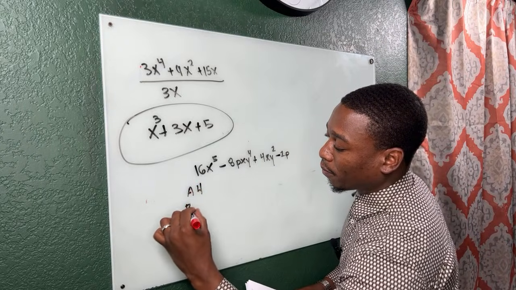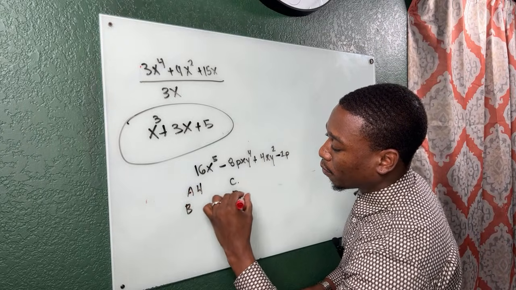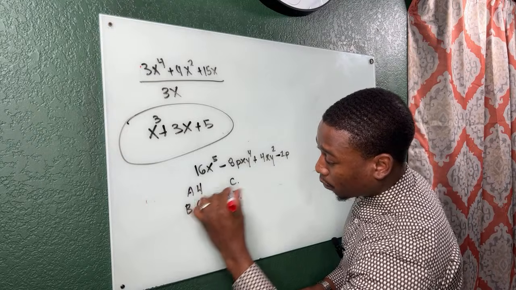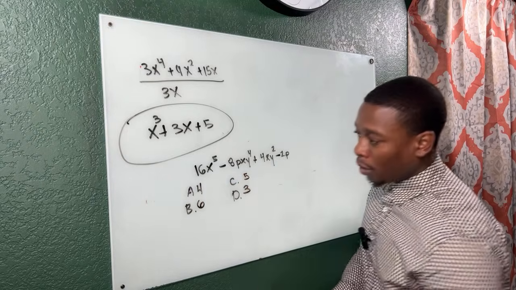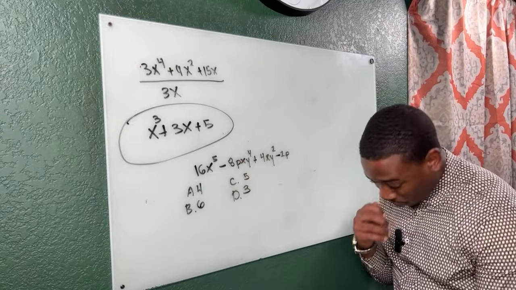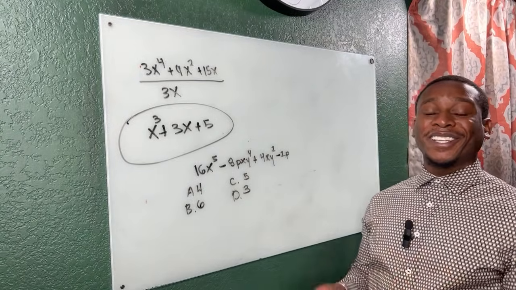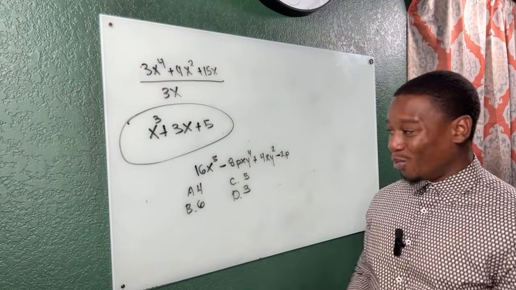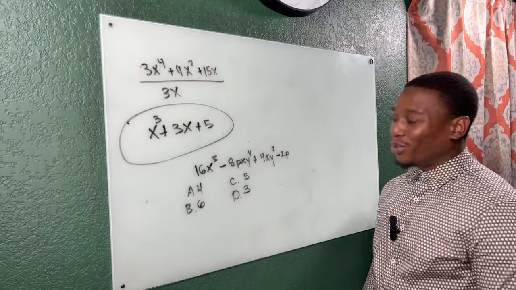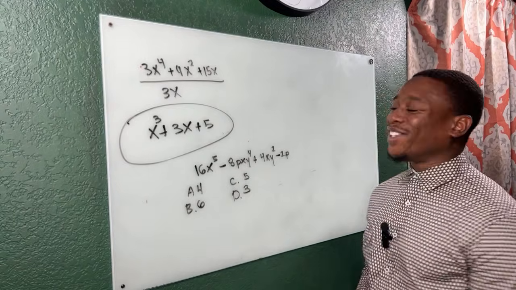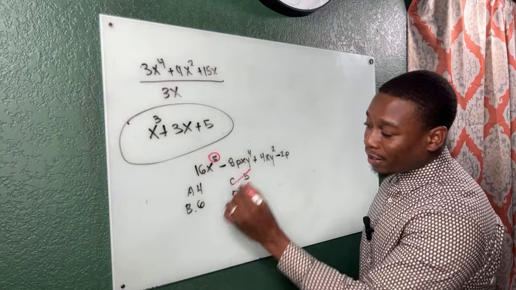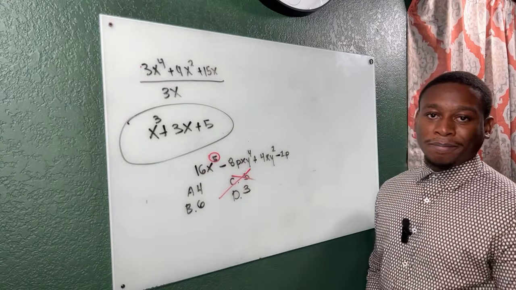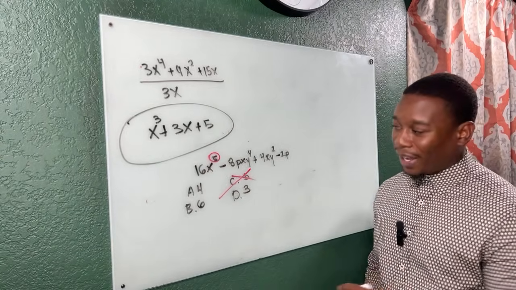A. All right, so one question that always asks you is, what is the degree of the polynomial? And I know what everyone gonna do. Everyone gonna come in and be like, Peter, this is easy, man, it's 5. And this is wrong. You know why.